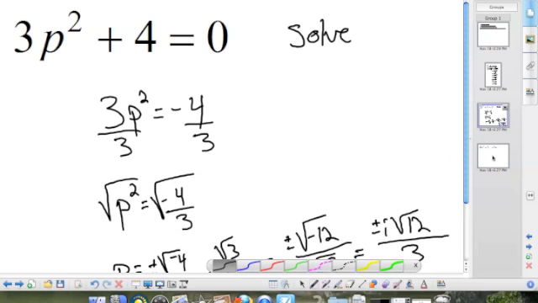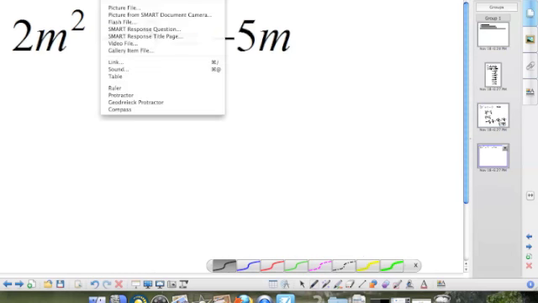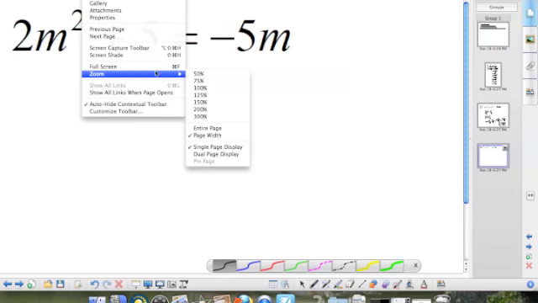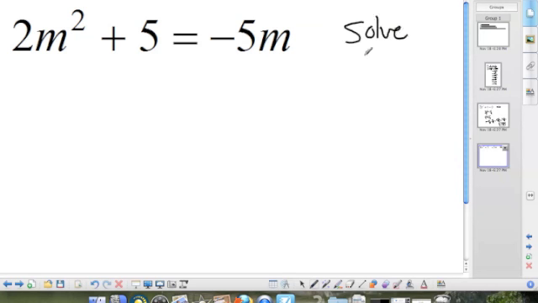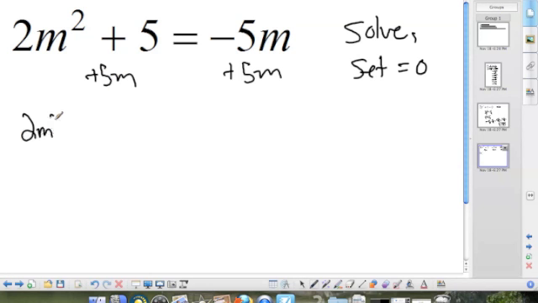Last example. We have 2m squared plus 5 equals negative 5m. So solve. So we want to set the equation equal to 0. So I'm going to add 5m to both sides, and we will have 2m squared plus 5m plus 5 equal to 0.